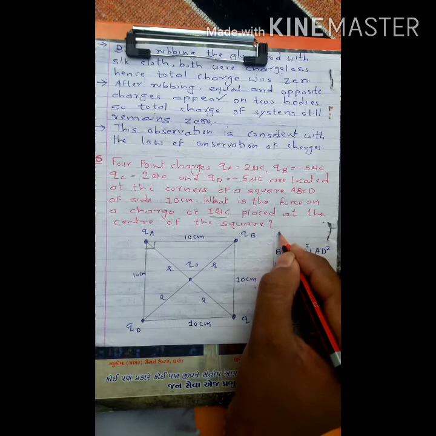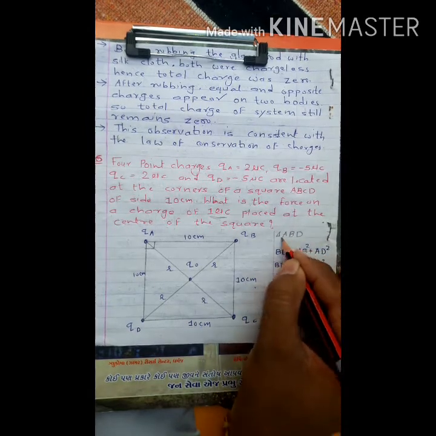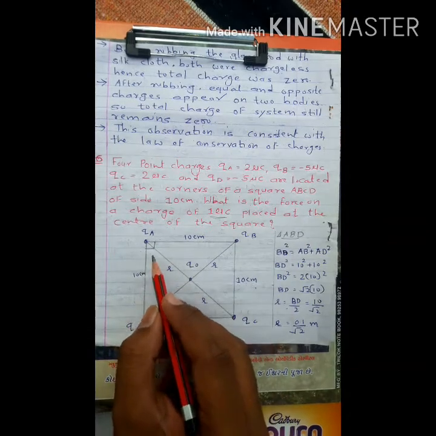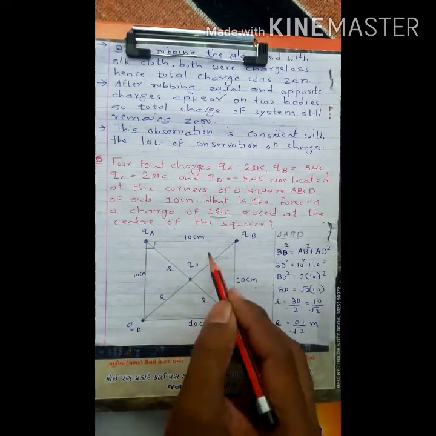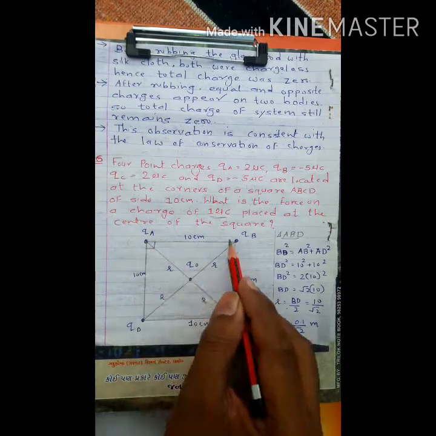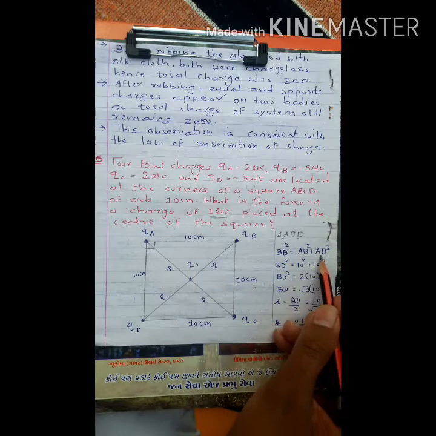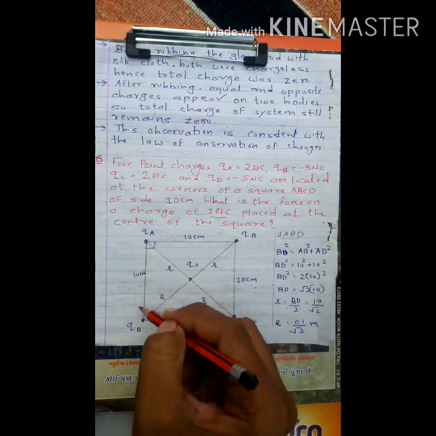So for right angle triangle ABD, according to the Pythagoras theorem, the square of the hypotenuse BD square equals the square of the first side of the right angle triangle, AB square, plus the square of the other side.